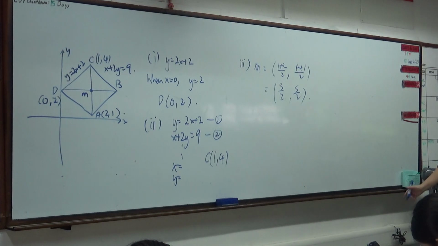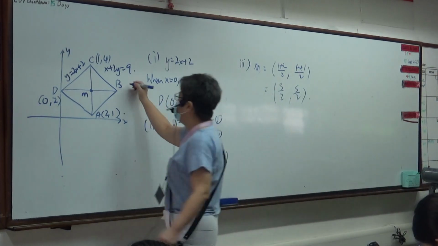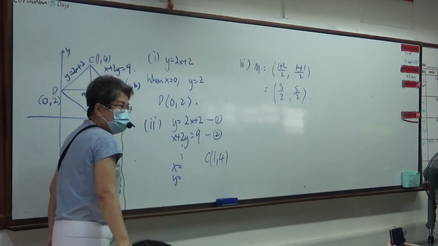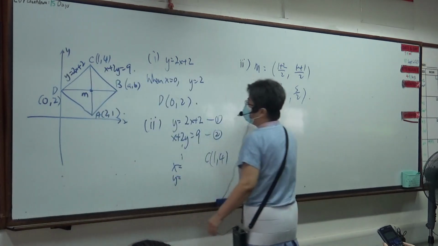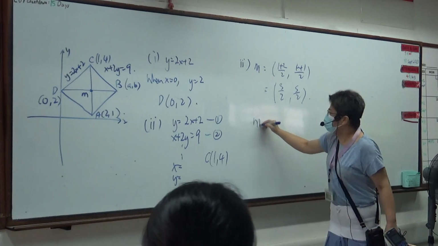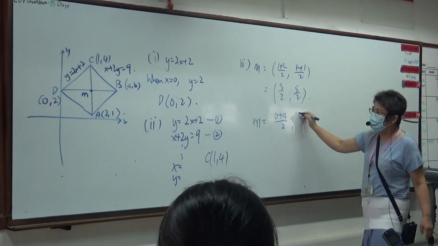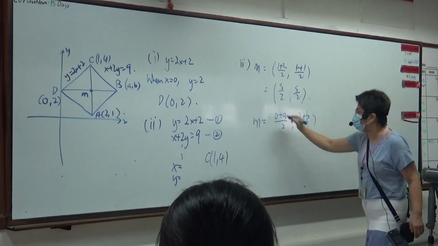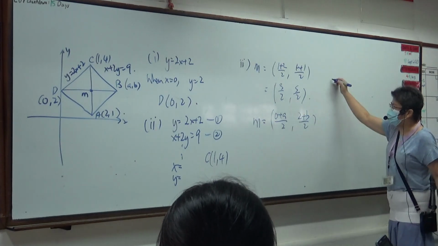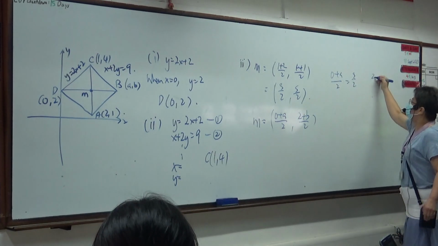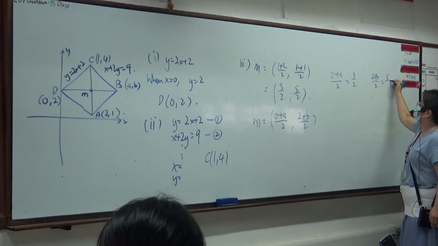Okay. Now, I let this B be maybe (a, b), okay? That means M is also equal to (0 plus a over 2, 2 plus b over 2). That means I will have the equation 0 plus a over 2 equals 3 over 2, 2 plus b over 2 equals 5 over 2.